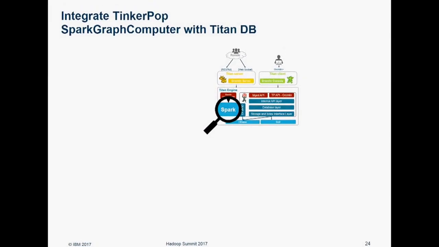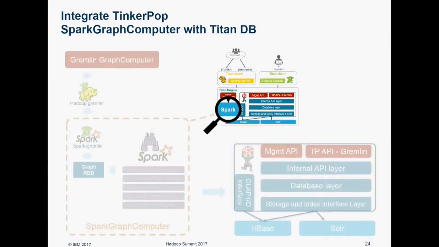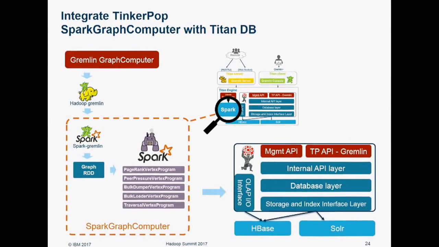And then the last thing I want to talk about is the Spark graph computer with TitanDB. You can see this small diagram that we had previously. We have the Spark over there. And now I'm going to expand that Spark illustration here. So remember we talked about TinkerPop Gremlin.